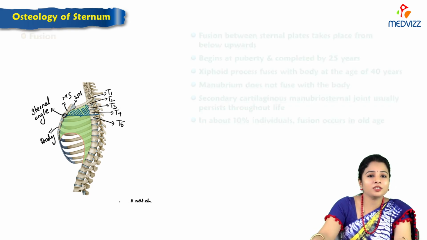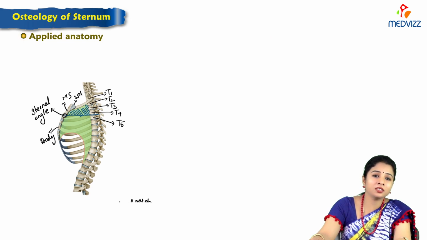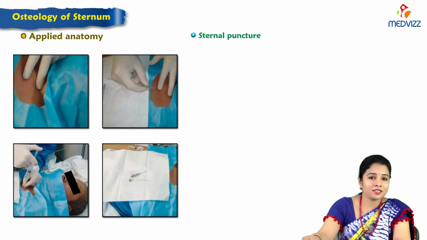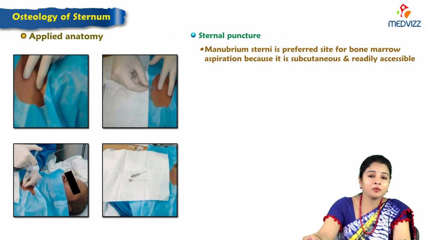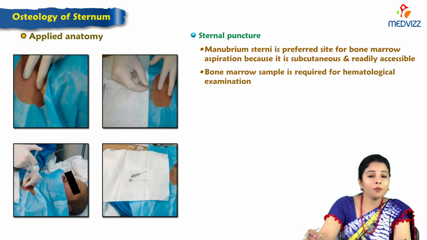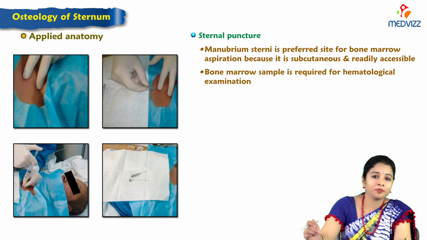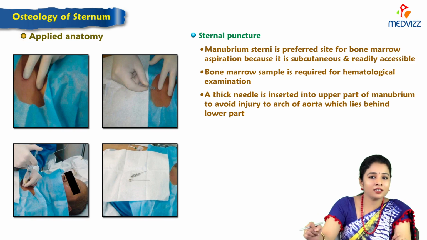Let's talk about some applied anatomy associated with the sternum. The first clinical correlation is sternal puncture, where the manubrium sterni is the preferred site for bone marrow aspiration, because it is subcutaneous and readily accessible. The bone marrow sample is required for hematological examination, and a thick needle is inserted into the upper part of the manubrium to avoid injury to the arch of aorta, which lies behind the lower part.